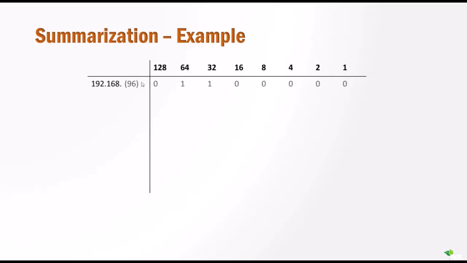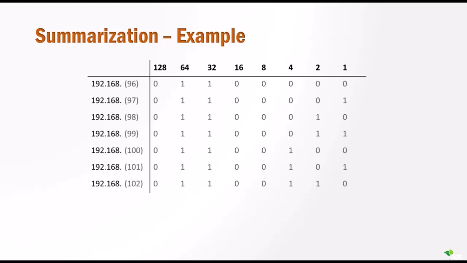So 96 is going to be 64 plus 32. So this is the binary value of the first network. The second network, 97, is going to be similar. The only difference is in the last bit. And the third network, 98, is also going to be similar, but the last 2 bits are going to switch. And then I'm just going to list the rest of them right away.